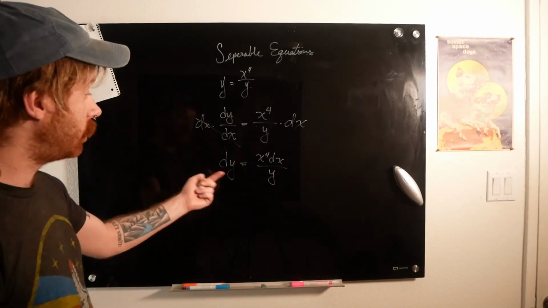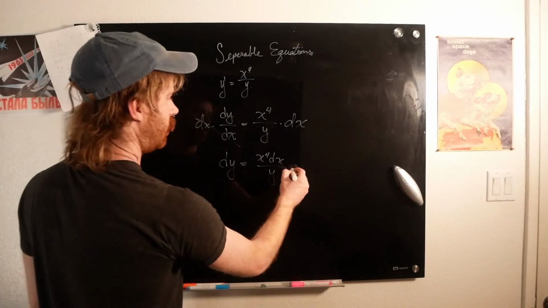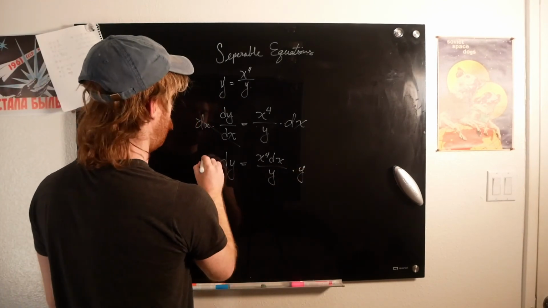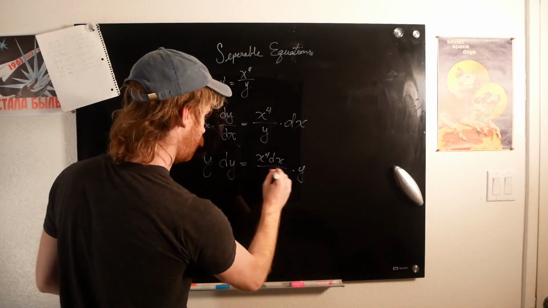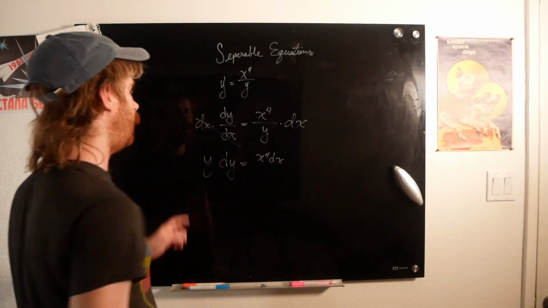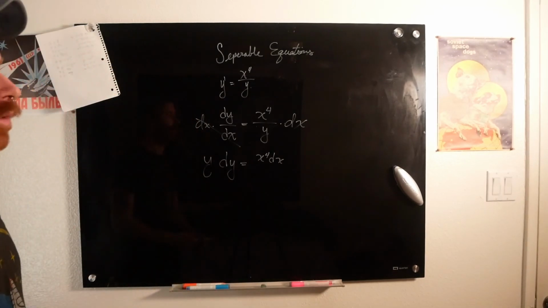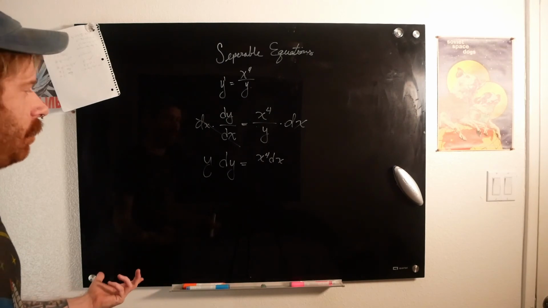Now you can also multiply both sides by y, to get y on this side. That's the goal right here. So y, and then this goes away. So now we have y dy equals x to the fourth dx. Now we can integrate both sides.